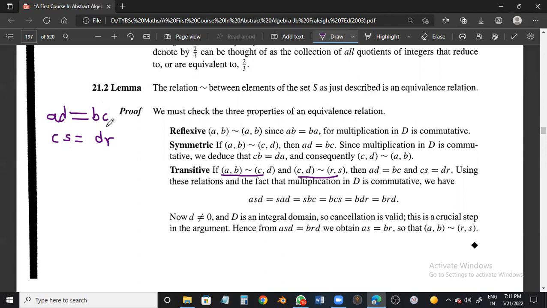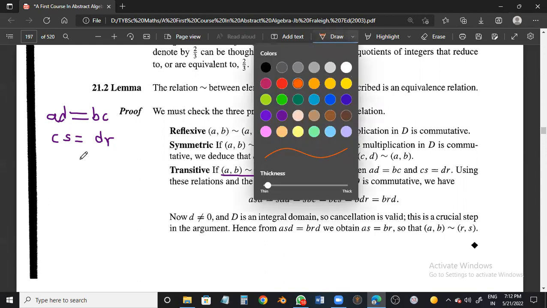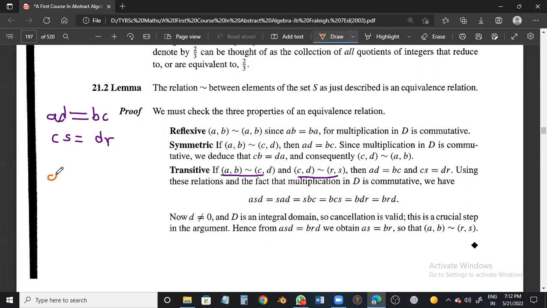So accordingly, let us multiply this equation AD by S. So let us multiply here ASD, and on the right hand side you will get BSC.